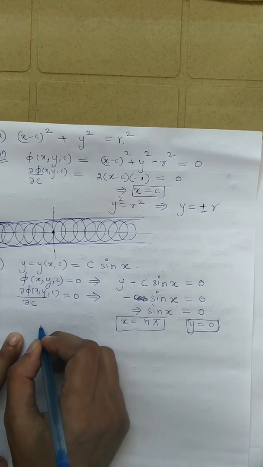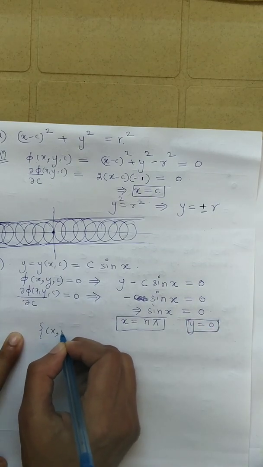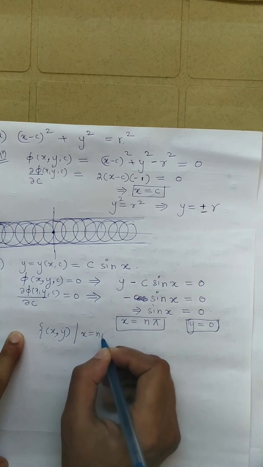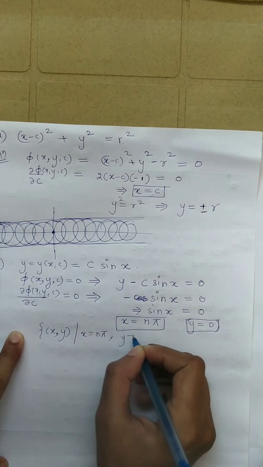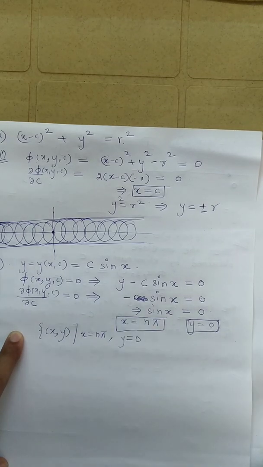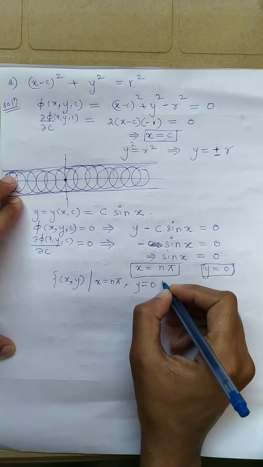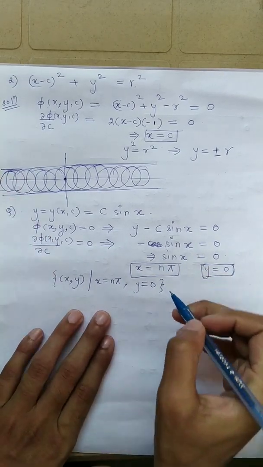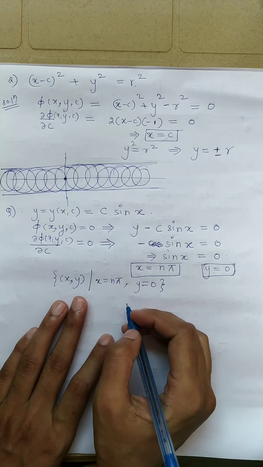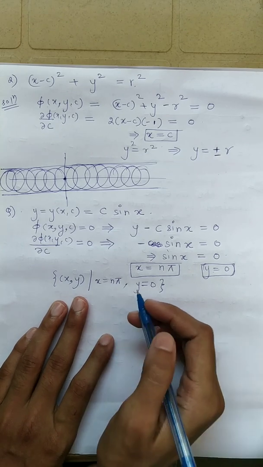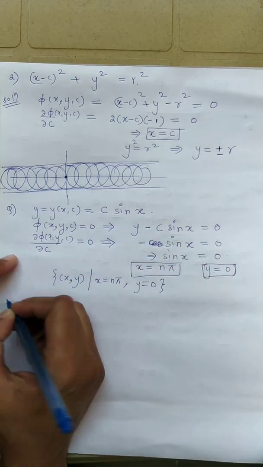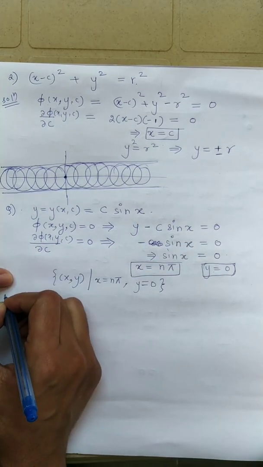Therefore, the c discriminant will be the locus of all the points (x, y) such that x is of the form n pi and y is equal to 0. So here this set represents the c discriminant of this family.